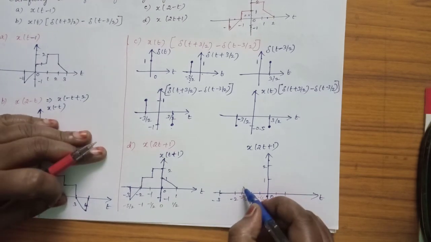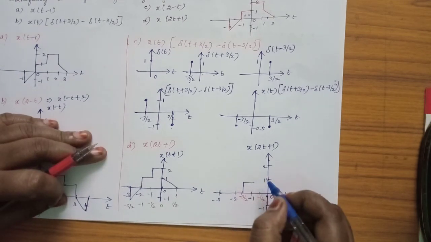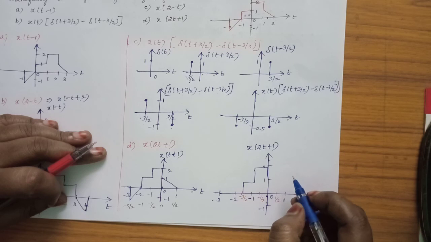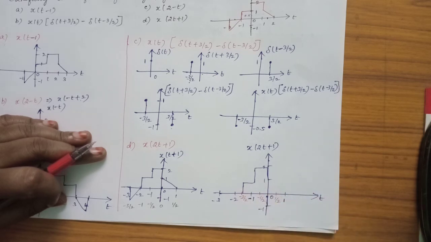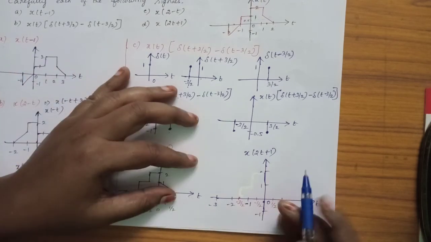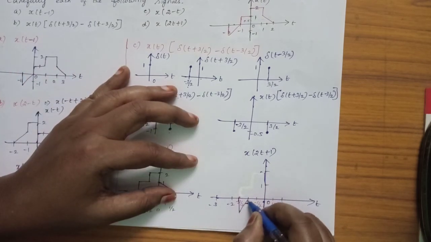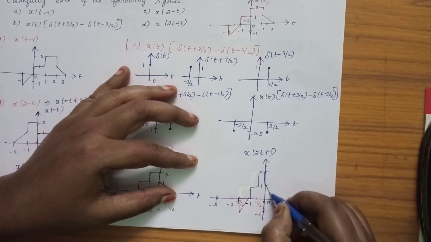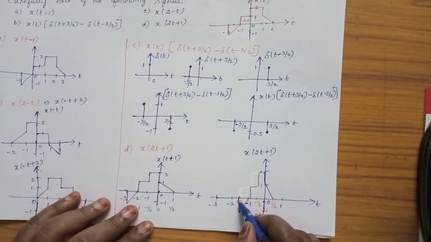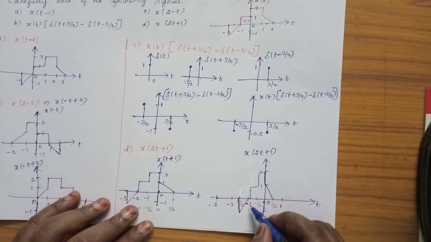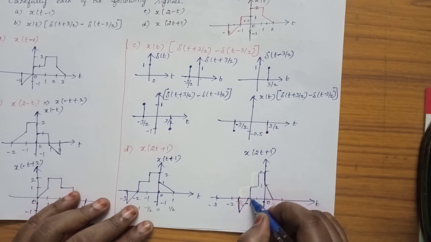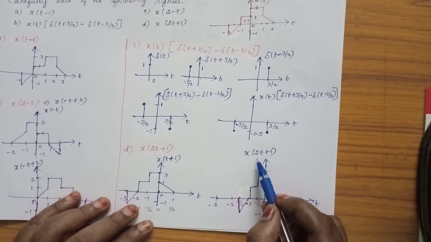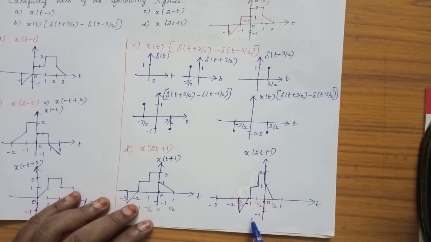Okay, then the new signal will be like this, from minus 3 by 2 to 1 by 2. Okay, so here the scaling factor is 2. Whenever the value is greater than 1, we will get a compressed signal.